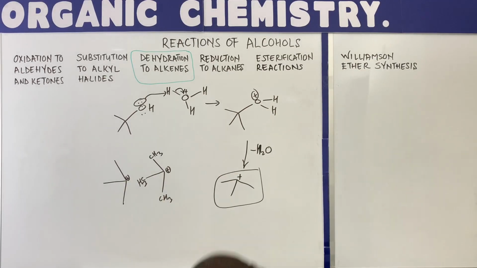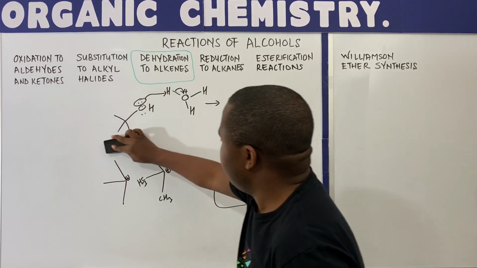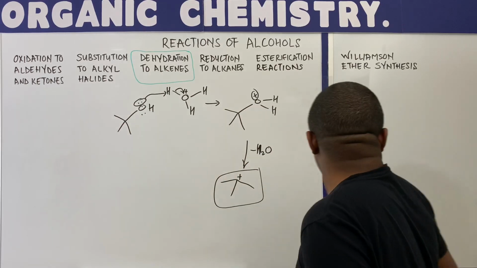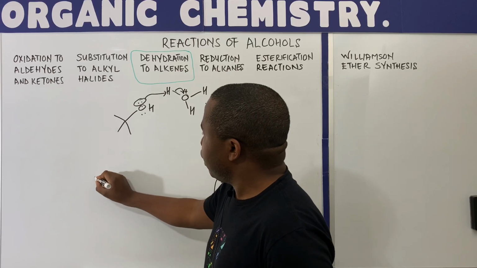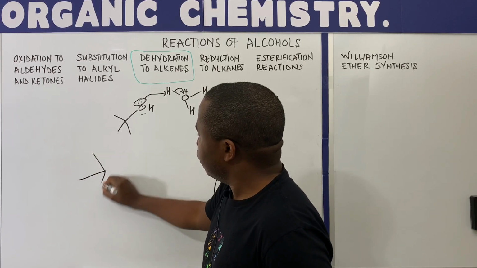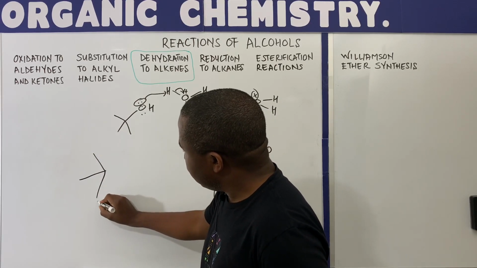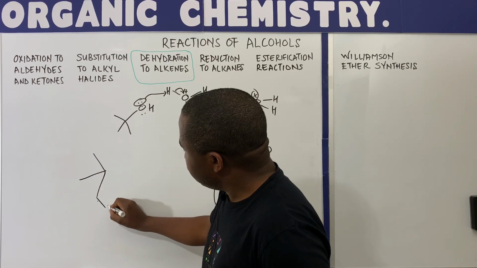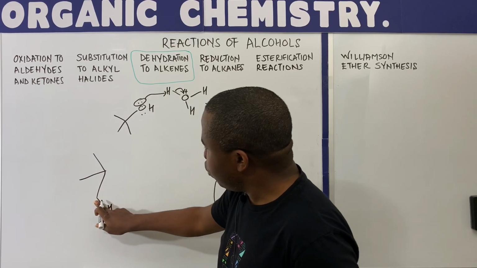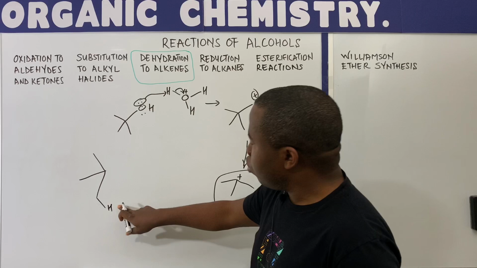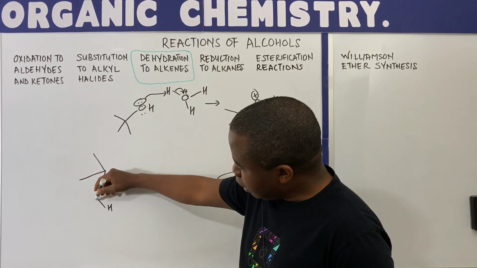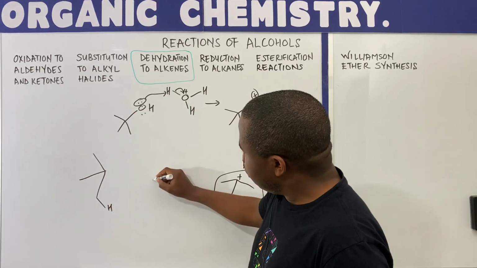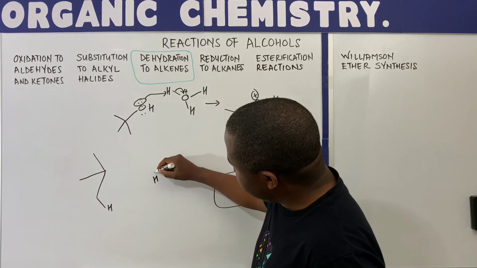So we're going to redraw it again. This same thing here is going to go through this reaction. We're basically just showing one of the hydrogen atoms that is attached to this carbon. The water molecule is going to come again.